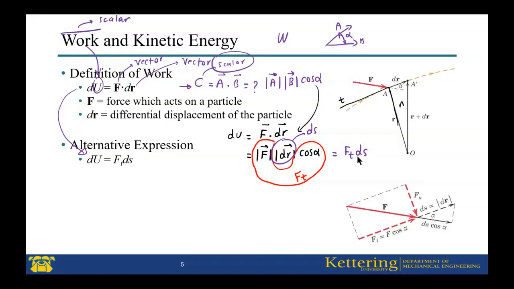Work is force multiplied by displacement. But what type of force? Force that is along the displacement. You will see here that there is no normal force. The only force that's doing work is the force along the tangential direction, or the force along the direction of the displacement.